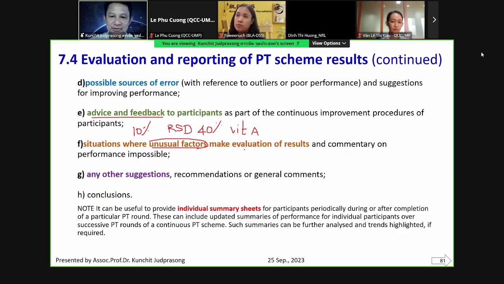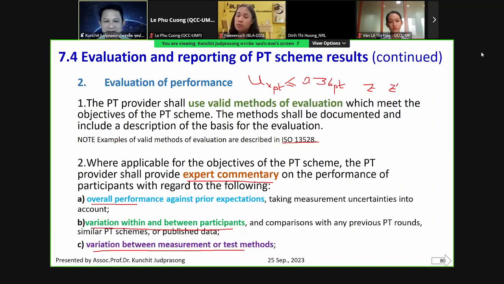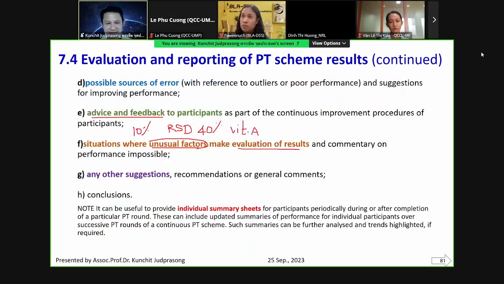So this is something that gets a comment from the expert. In general, we have the criteria, but there may be unexpected criteria that you find. In this case, I give an example on the percent relative standard deviation.